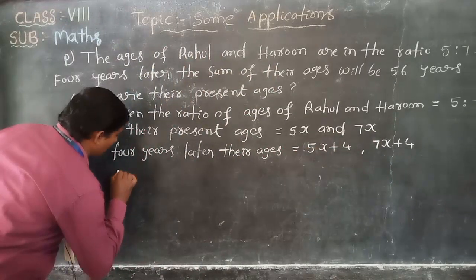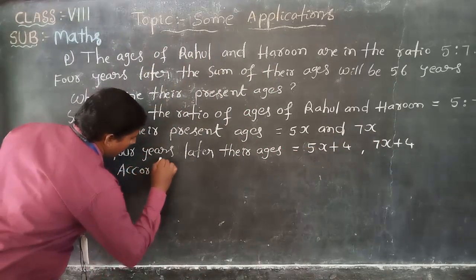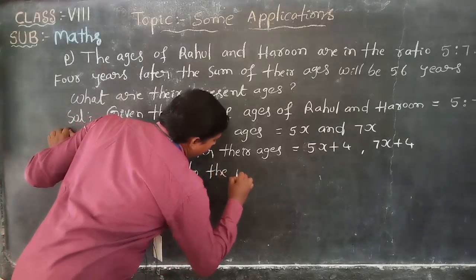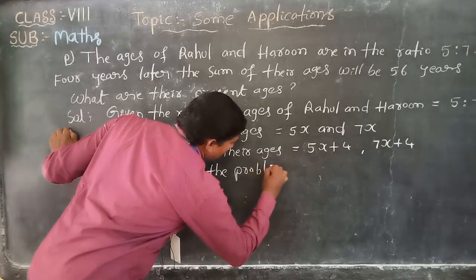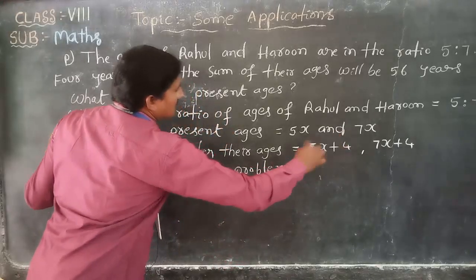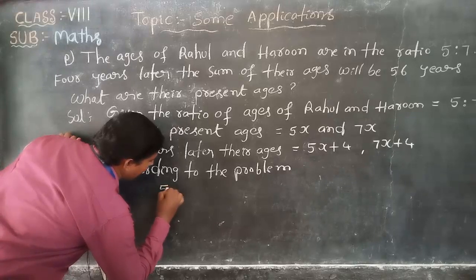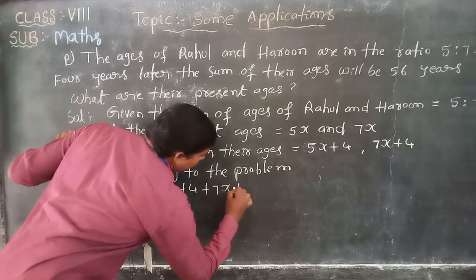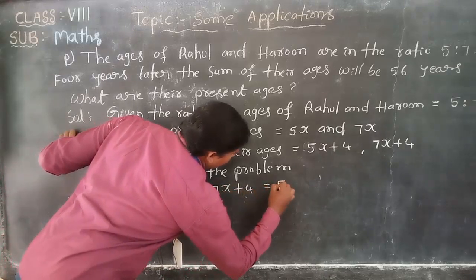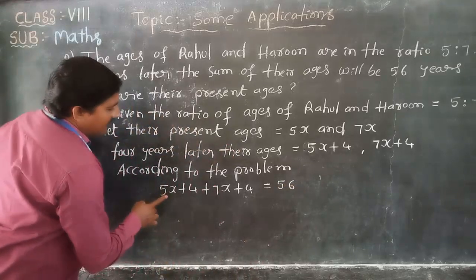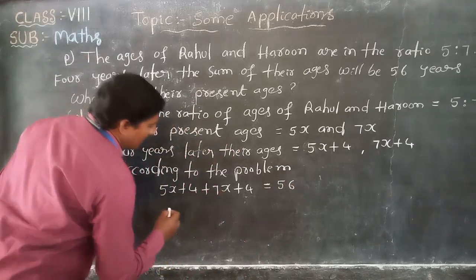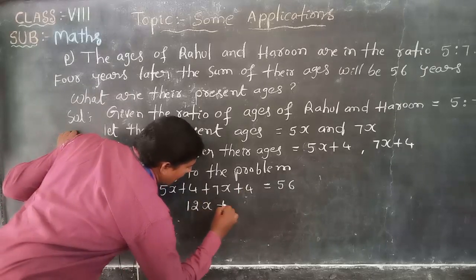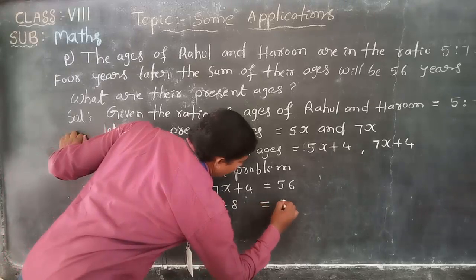So according to the problem, both adding means 5x plus 4 plus 7x plus 4 is equal to 56. 5x plus 7x, these are variables, 12x. 12x, 4 plus 4, 8 is equal to 56.